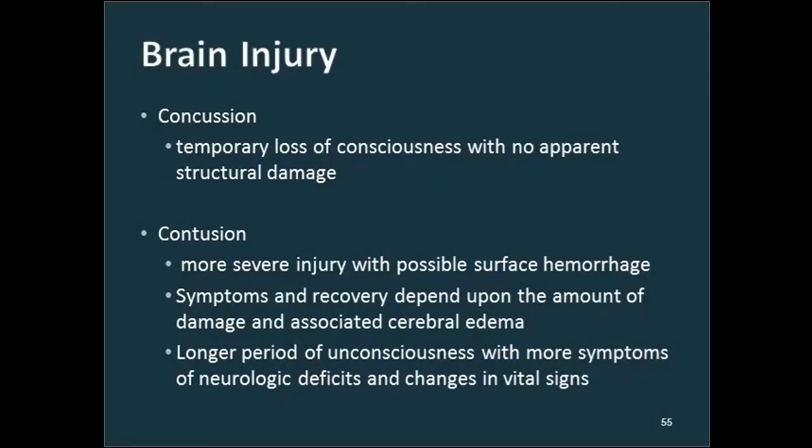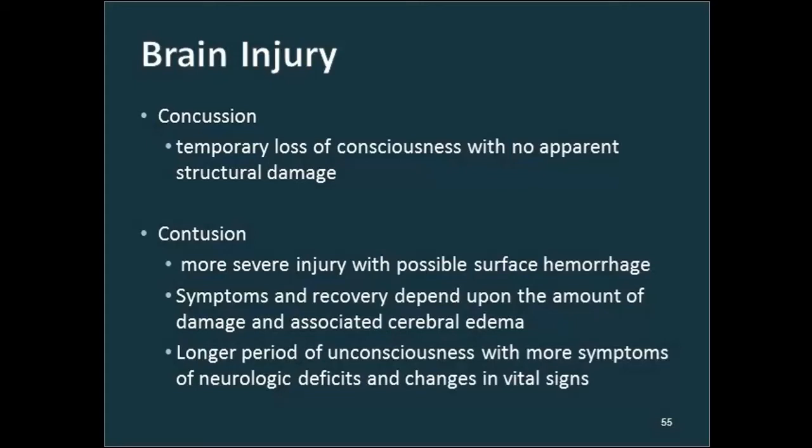A contusion is classified as a moderate to severe traumatic brain injury. It's a more severe injury with possible hemorrhage. Symptoms and recovery depend on the amount of damage and whether any cerebral edema develops after the fact.